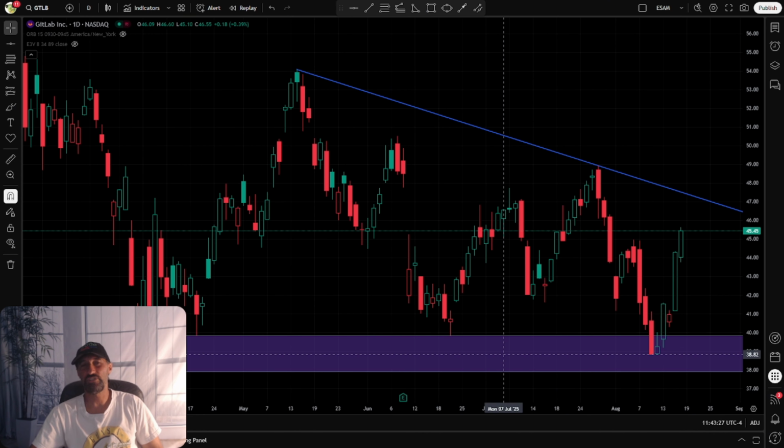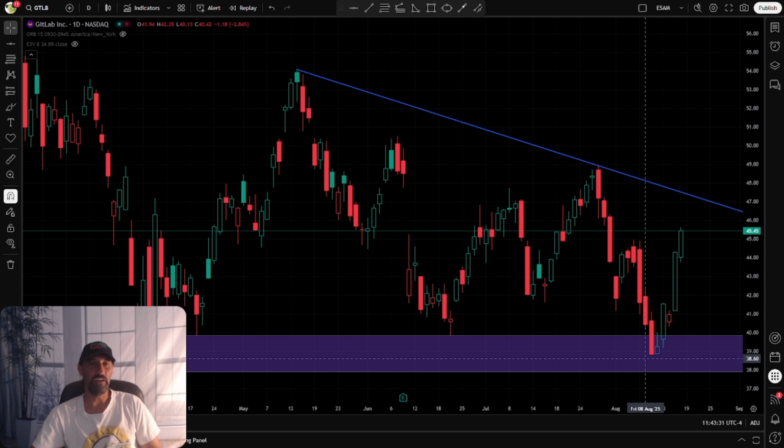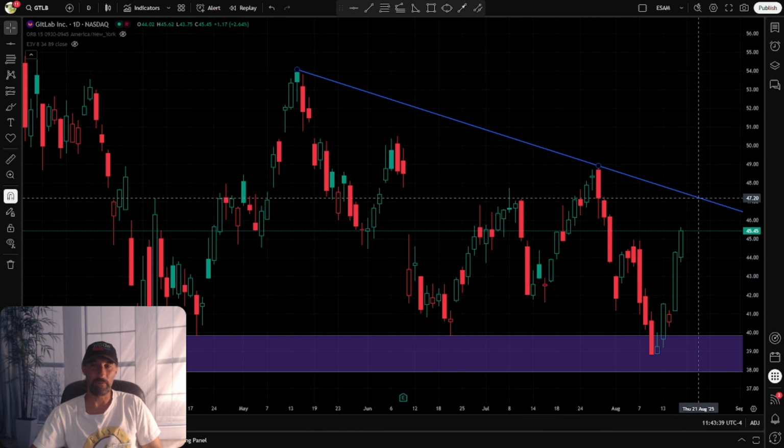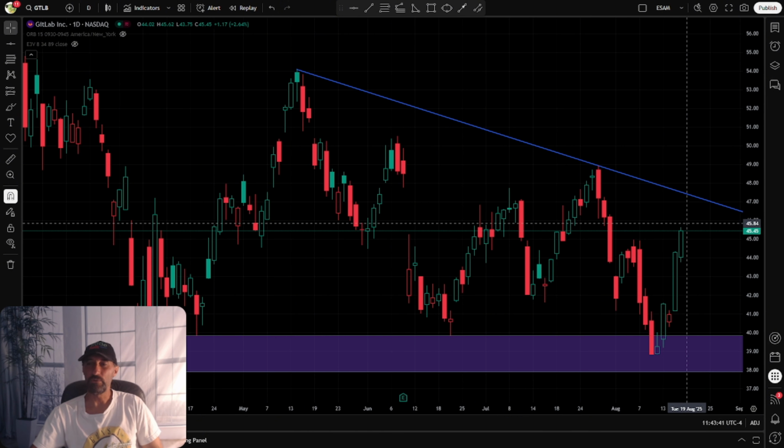So when I switched over to this charting platform and see the setup, now I'm reminded of the trade thesis on that one. GTLB probably should have held on to it a little bit longer. My trade thesis was to come up here and test this trend line, which it is doing. So post-analysis on that one was that I was looking at the wrong chart setup and I missed out because of that error.